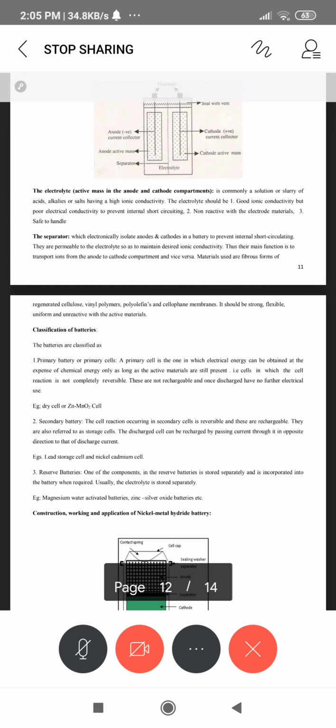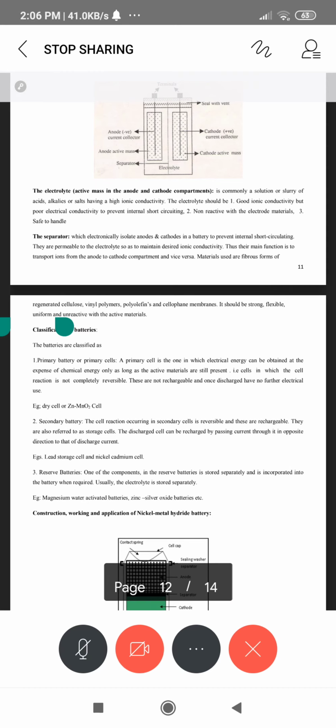Wherever we don't want to discharge, you can remove one of the components, that is the electrolyte. This type of battery we can call a reserve battery. You can take any one of these examples also.